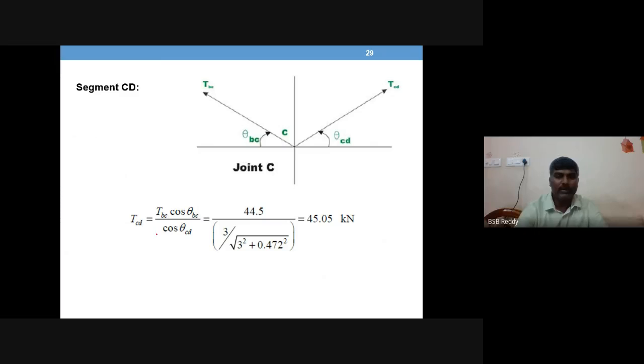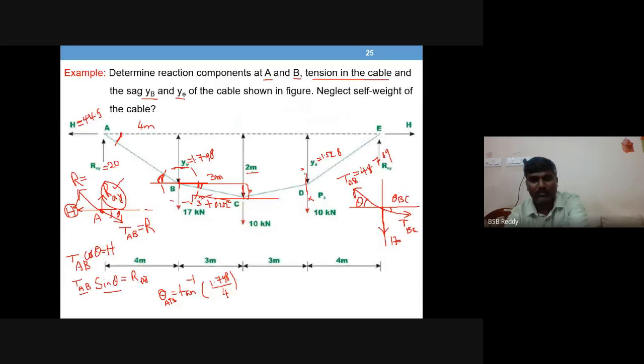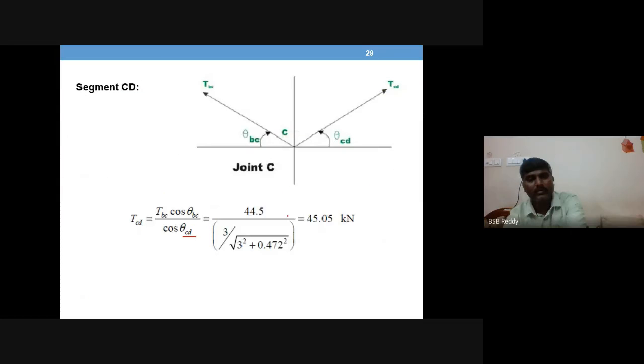Similarly, you have to work out the TCD value from sigma fx equals 0, because you are not using sigma fy equals 0. Same concept here. Finding theta CD is also done in the same way: 3 divided by the square root of 3 square plus the difference between those two sag values, 2 minus 1.528. That difference in sag values will give you the theta CD value. So TCD is 45.05.